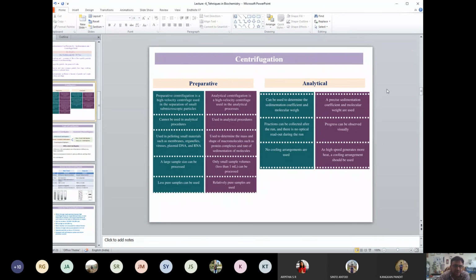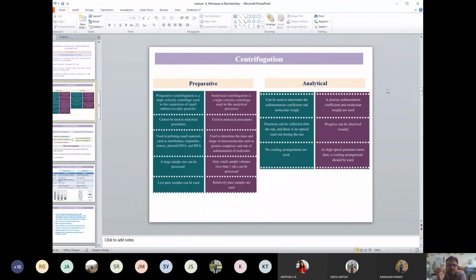If you see the first point, it says preparative centrifugation is a high velocity centrifuge used in the separation of small submicroscopic particles. On the contrary, analytical centrifugation is a high velocity centrifuge used in the analytical process which we are doing in our lab.